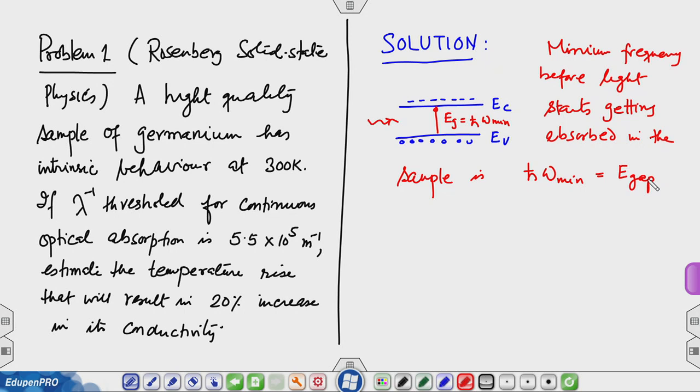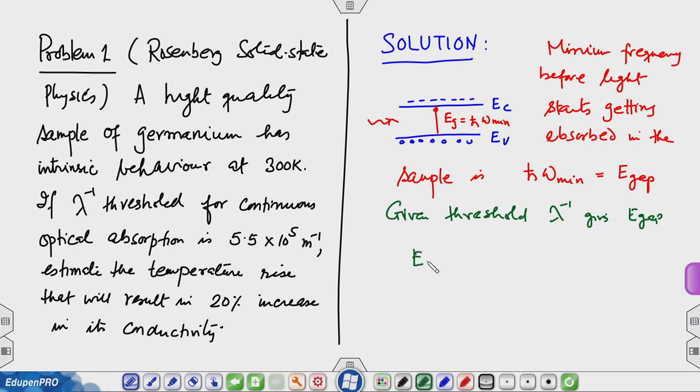What you are given is lambda inverse, and that gives you E gap. A given threshold lambda inverse gives E gap. So, we can calculate the gap energy of this sample right away.